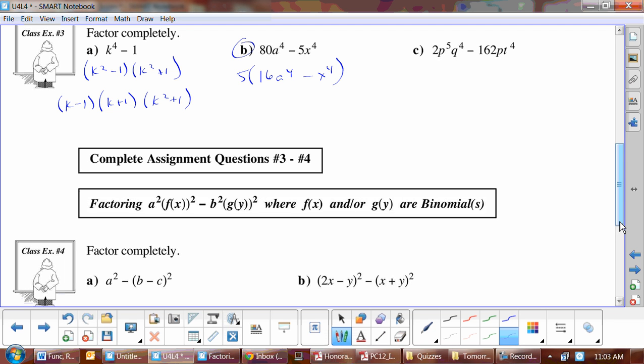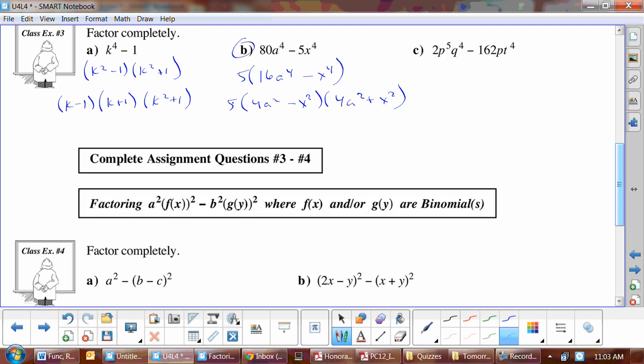Okay, perfect squares there. So it'd be 5 bracket. What makes up 16a to the 4? 4a squared, okay? Minus x squared and 4a squared plus x squared.